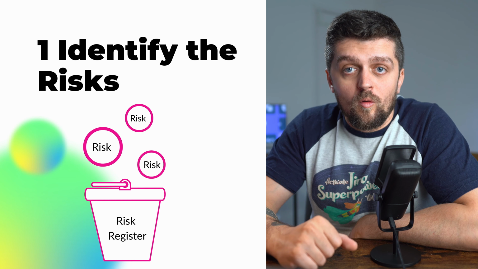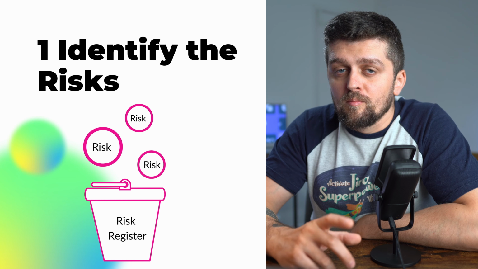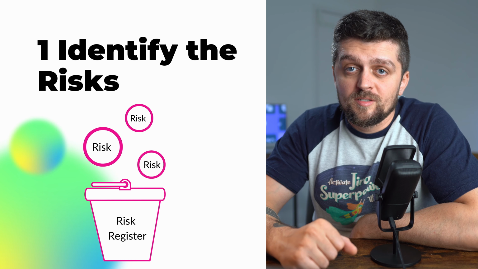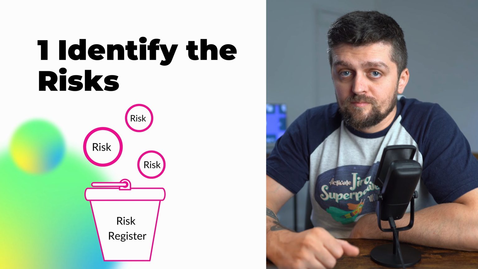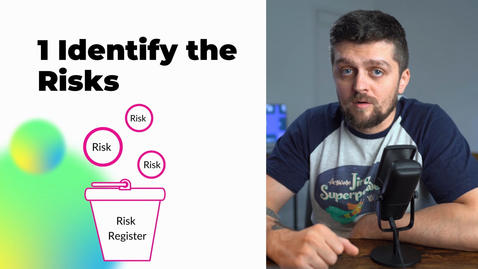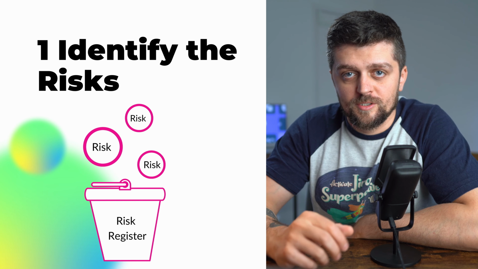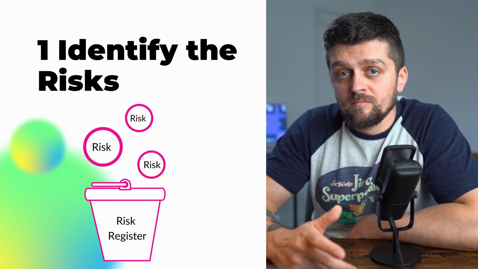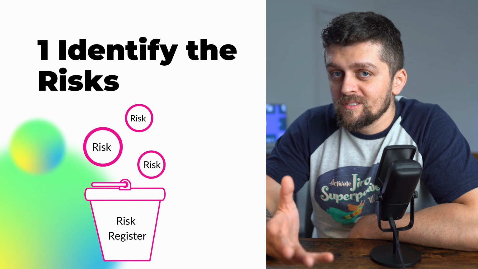You collect all of these findings into a bucket called the risk register. This step is iterative and collaborative, as it should take place throughout the project lifecycle, not just at the beginning, and the entire team should contribute, because often there are times when your team will see possibilities that you don't.